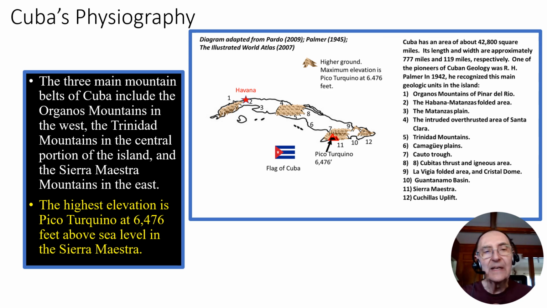You should know that the three main mountain belts in Cuba include the Organos Mountains on the west, the Trinidad Mountains in the central portion of the island, and the Sierra Maestra Mountains in the east. The highest elevation occurs in the area of the Sierra Maestra, and it is called Pico Turquino, with an elevation above sea level of nearly 6,500 feet.